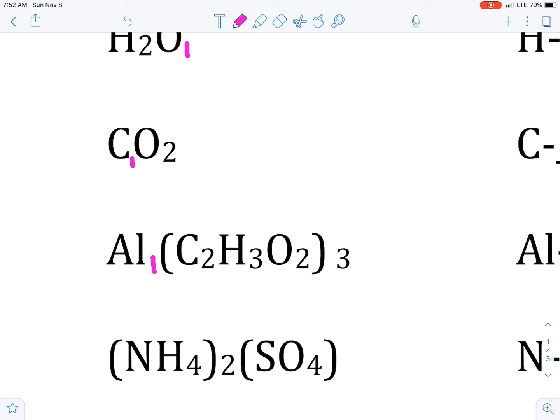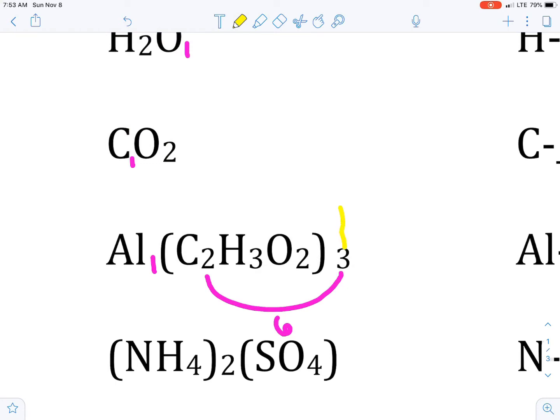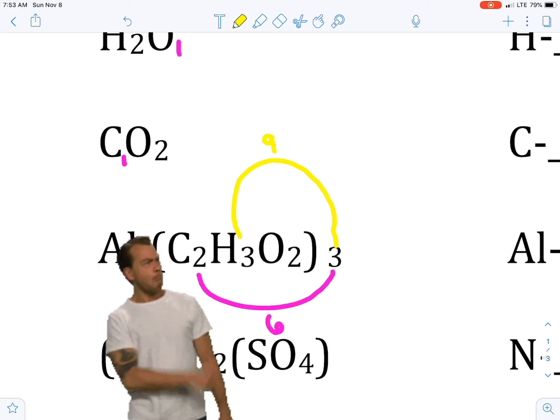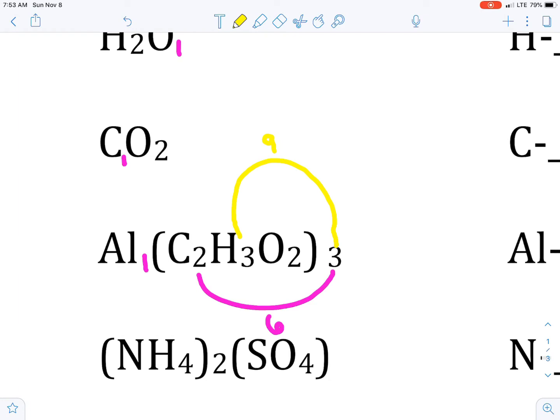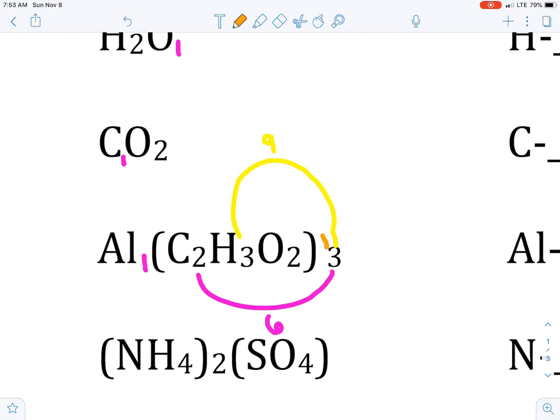So we don't just have 2 carbons. We have 3 sets of 2. Right? So that would be 6. We multiply. We don't just have 3 hydrogens. We have 3 sets of 3, which is 3 times 3, which is 9. We don't just have 2 oxygens, we have 3 sets of 2, and so that would be 6.